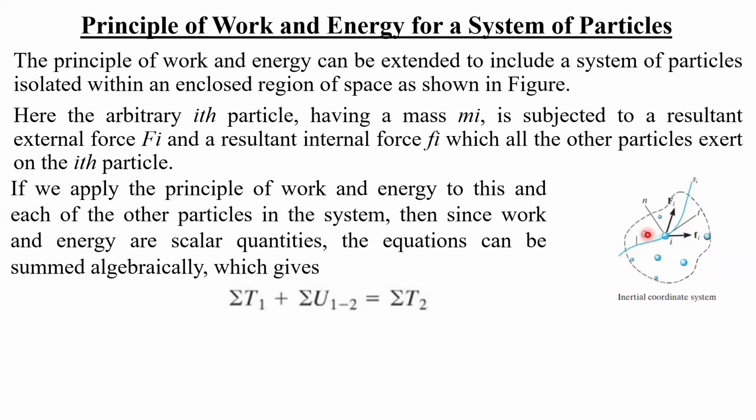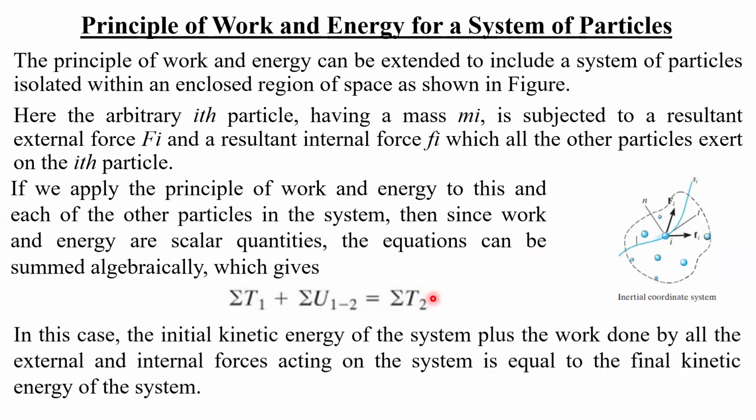Now we're going to aggregate all the particles together so that we can find the equation. So we now say summation T1 plus summation U1-2 is equal to summation T2. That is, the total initial kinetic energy plus the total work done by all the external forces on the system is equal to the total final kinetic energy.